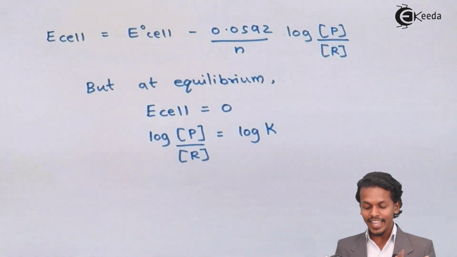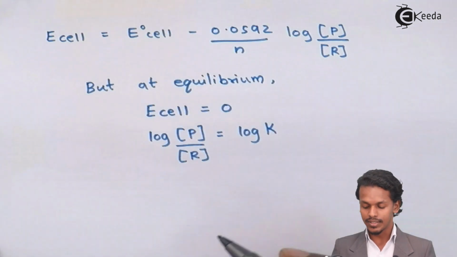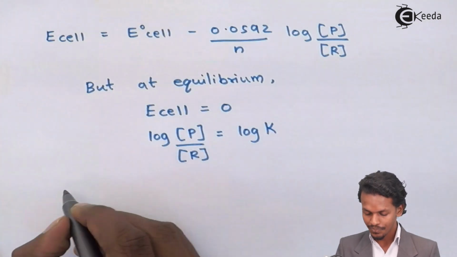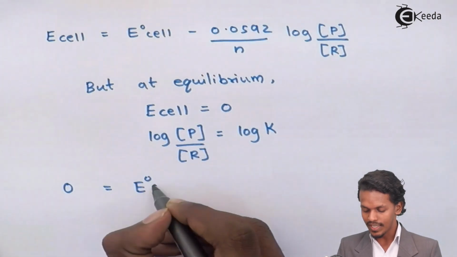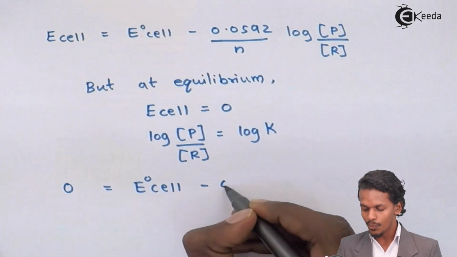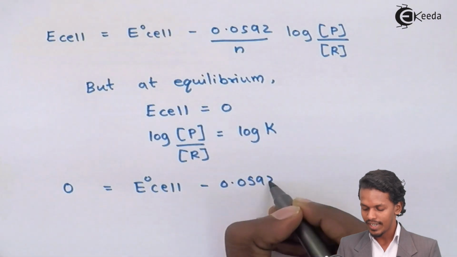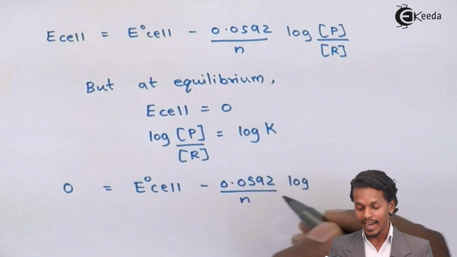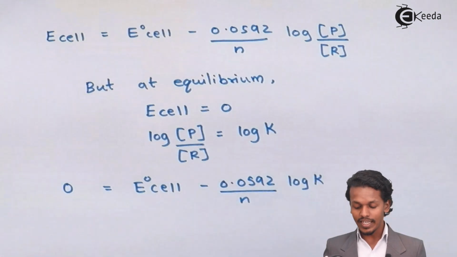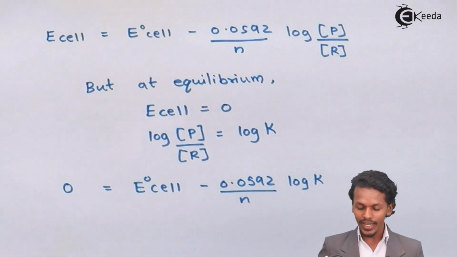So I could write at equilibrium the overall formula would change into 0 is equal to E naught cell minus 0.0592 divided by n log of K at equilibrium. Fine. So in this case I could write it another way.